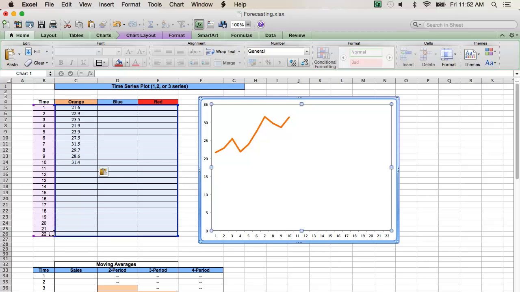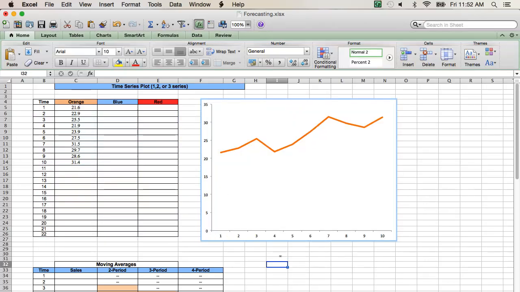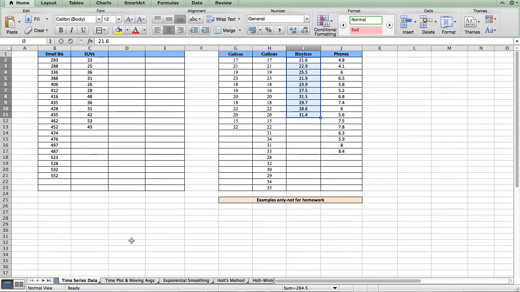And we'll adjust our time plot. So now we do see an upward trend. It's not a horizontal pattern, but rather what we would say is a trend, and this trend happens to be upward.